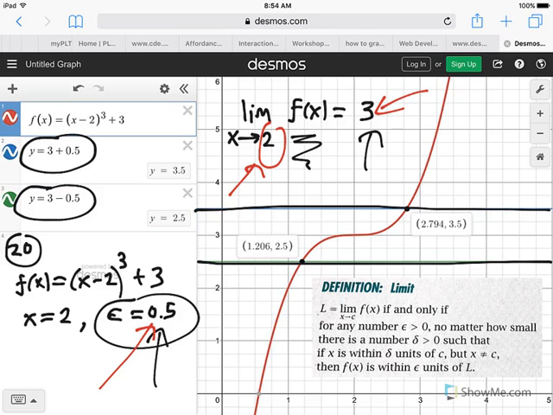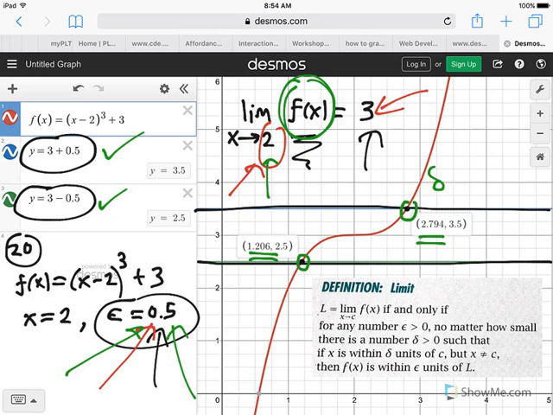And as you can see from the intersection of the graph of f of x and the horizontal line y is equal to 3.5, you have the point x is equal to 2.79, and the intersection of the graph of f of x and the horizontal line y is equal to 2.5, you have this point with an x coordinate of about 1.21. So if x values are within 0.79 units of 2, then the y values will be within a half unit of the limit. So the delta value was found to be about 0.79.